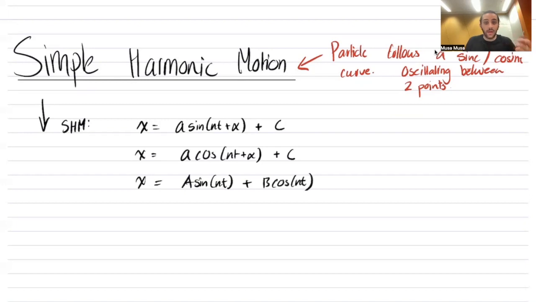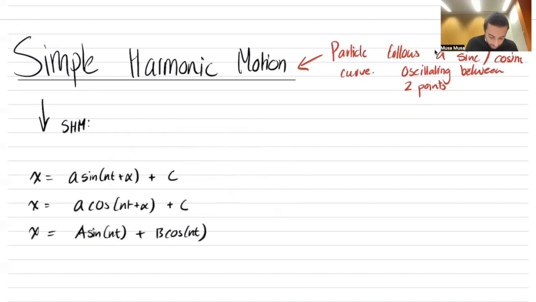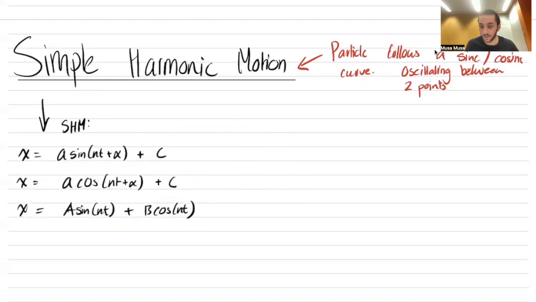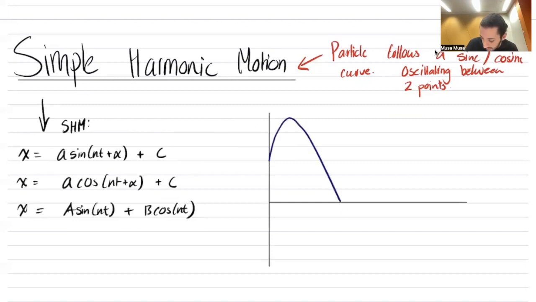Okay, wonderful. So let's talk about what each of these parts represent and how they correspond to our curve. Let's take an easy example of simple harmonic motion, something that maybe follows a curve like this.